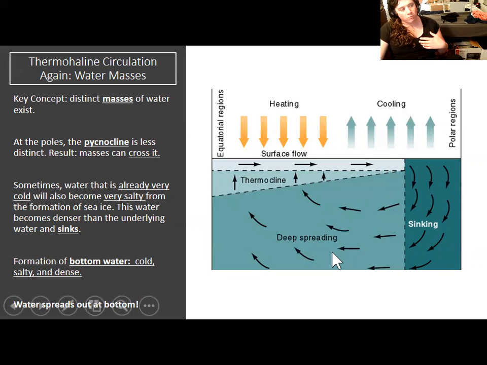Most of this water that forms in Antarctica and sinks down will travel northwards. It'll travel northwards along the seafloor to more temperate latitudes. By the point that it would start to rise up, it would have gotten just a little bit less salty, and it can no longer cross the pycnocline by that point.